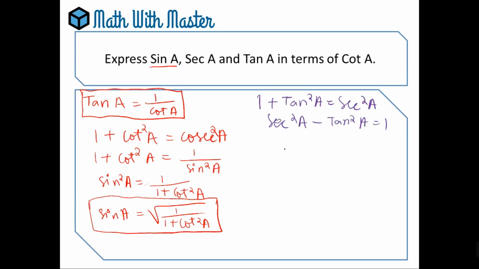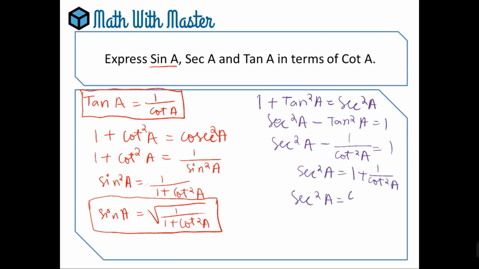Now we can write tan square A as sin square A upon cos square A, but to get it easily, we can write 1 upon cot square A. So now sec square A is equal to 1 plus 1 upon cot square A. When we do the LCM, sec square A is equal to (cot square A plus 1) upon cot square A.